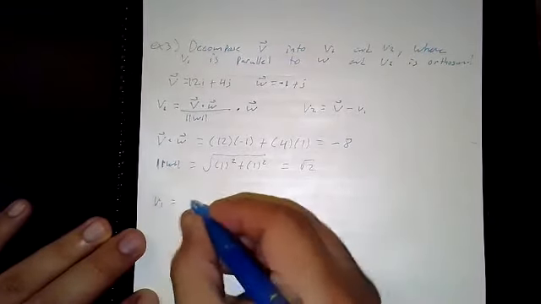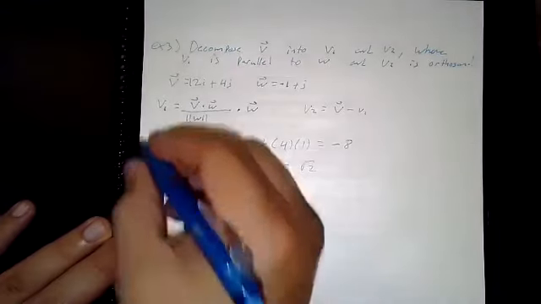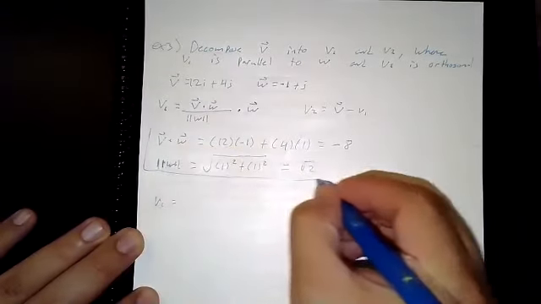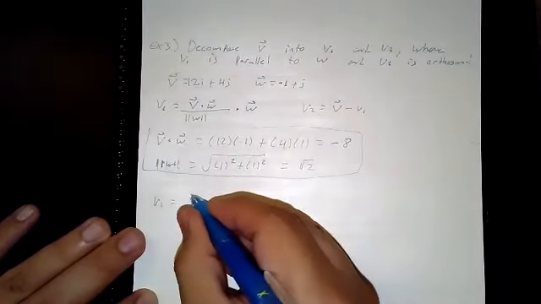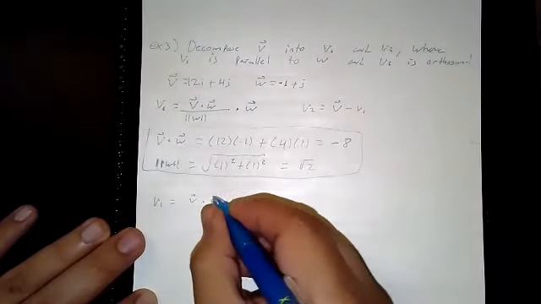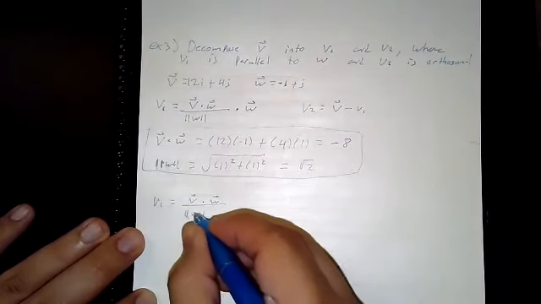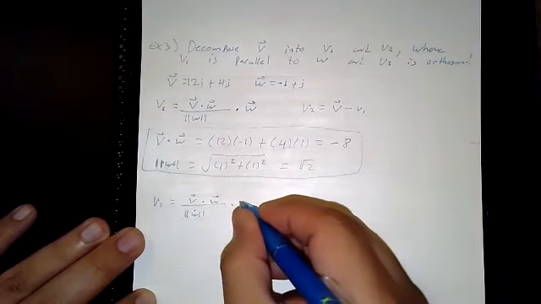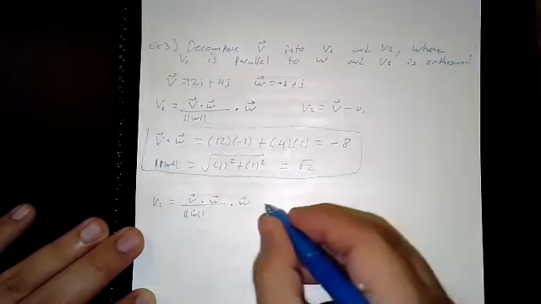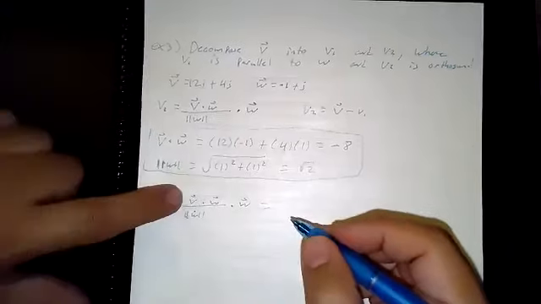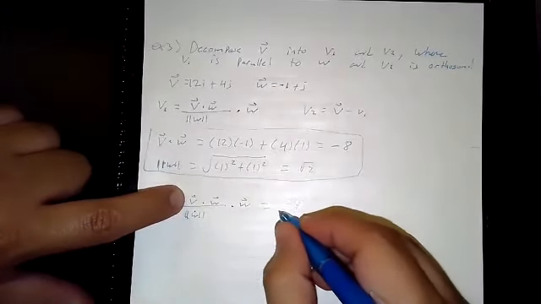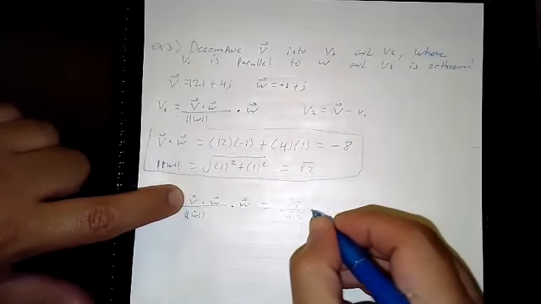So this is find v1. v1 is equal to, this is like my side work here, the dot product over the magnitude, dotted with w. So that would be -8 on top, right? Divided by √2 times w.